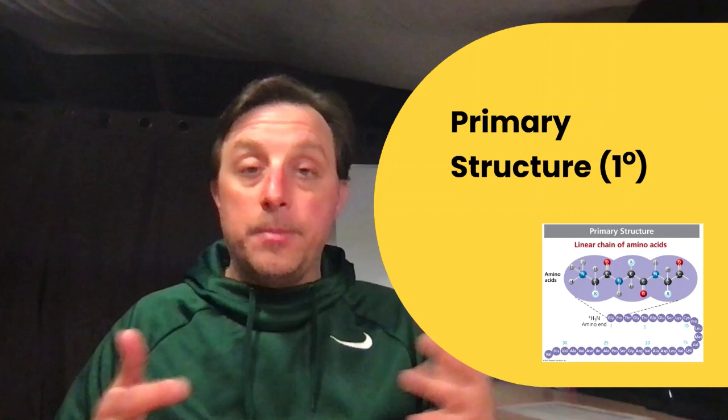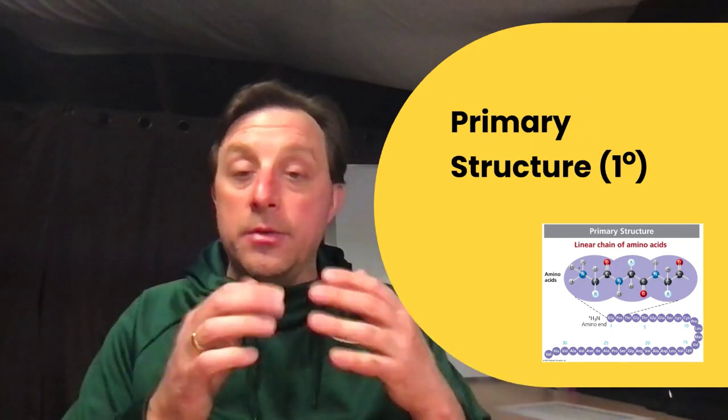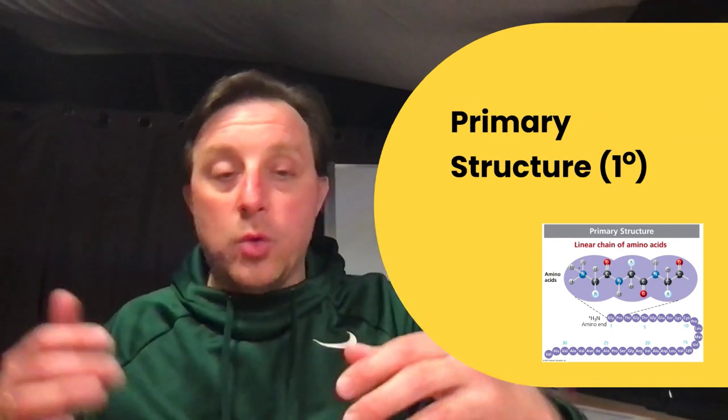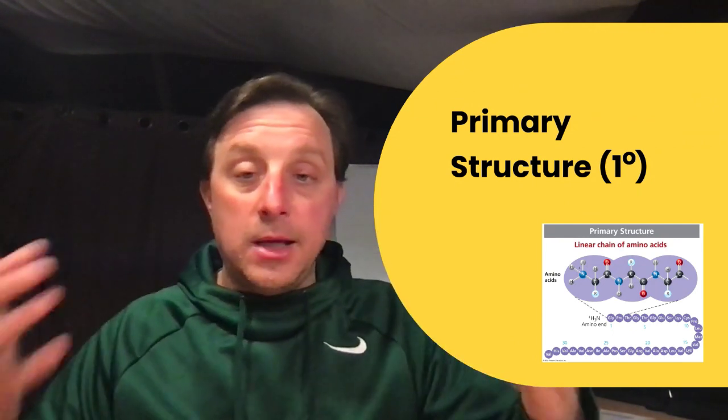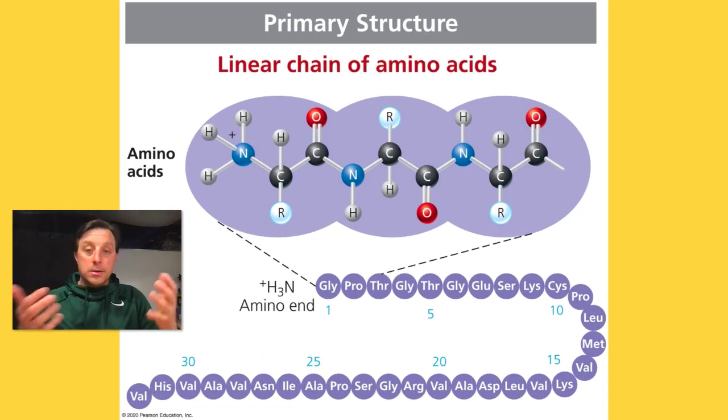The primary structure, the first level of structure, is just the sequence of amino acids. Which of the 20 amino acids are used in this protein, and what is the order. So these amino acids in this order, that is the primary structure, okay? The linear chain of amino acids.